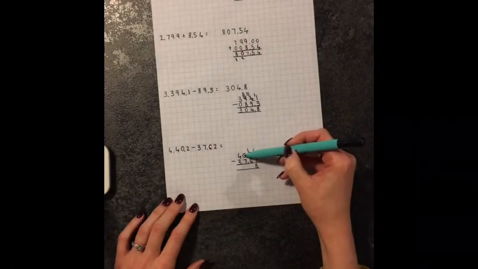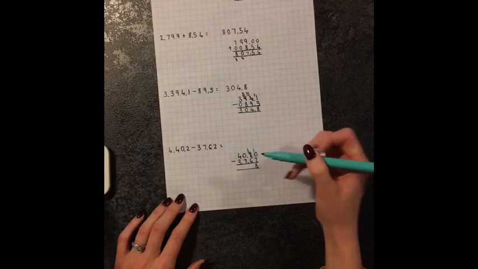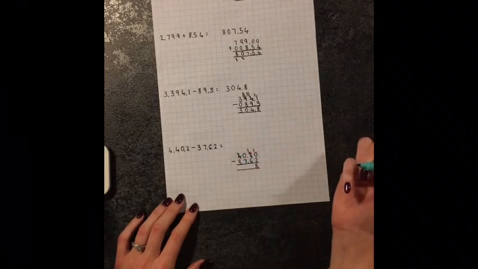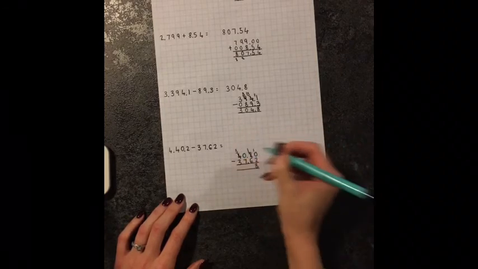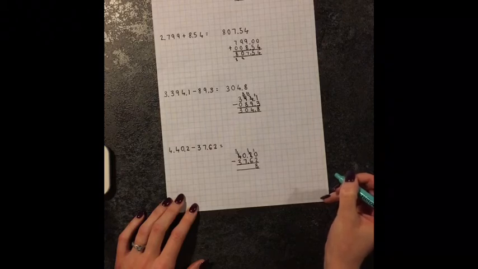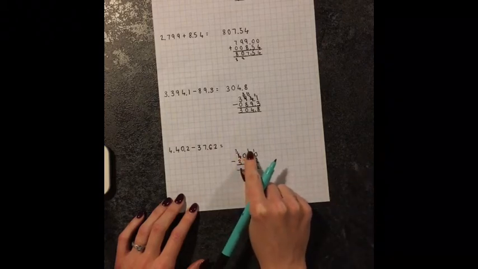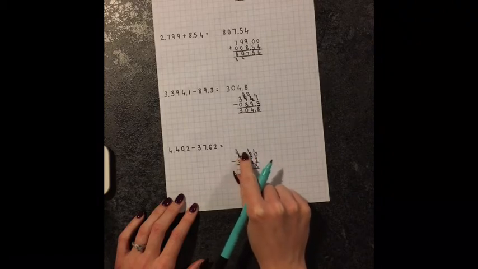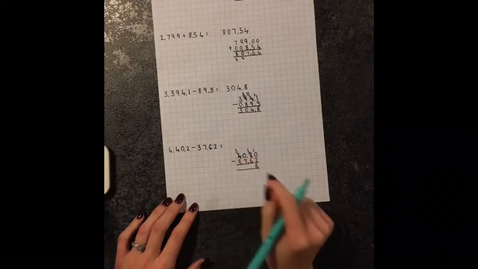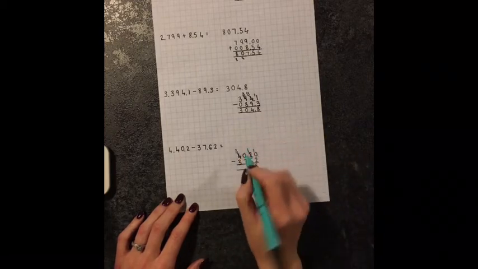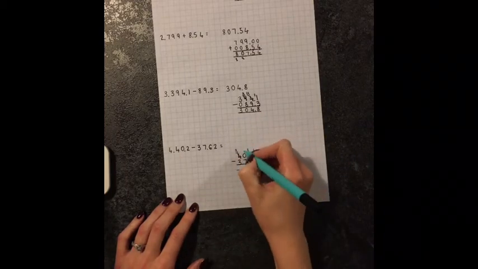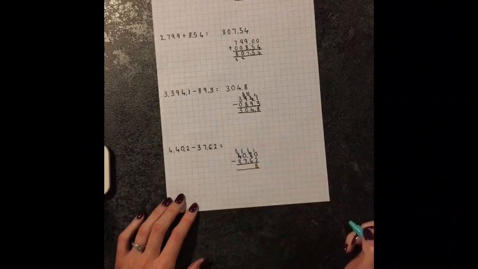Now the value of the column next door is 0, so we cannot take anything from there, so we must go to the tens column. Now if we steal a 1 from the tens column, we cannot take it straight across to two columns. We must take it to the column that's next to the column we've stolen from, and then take it from there. So we've taken 1 away from here, we must put it there.